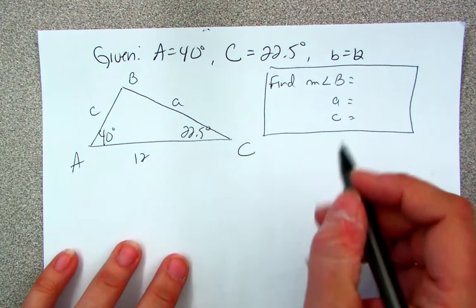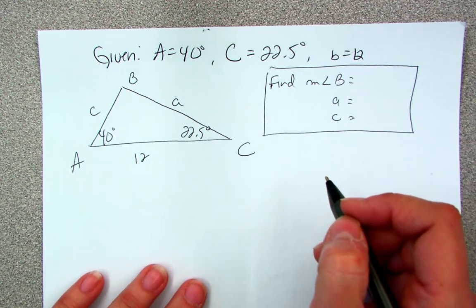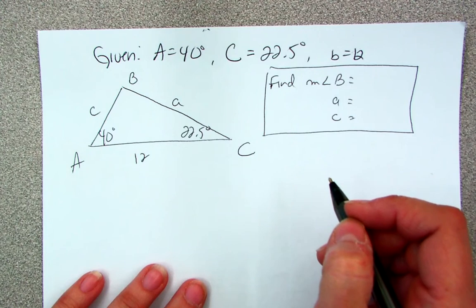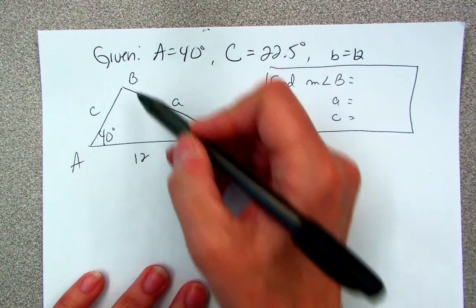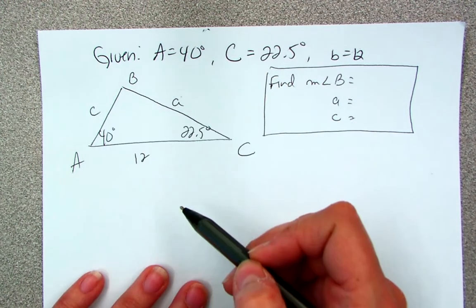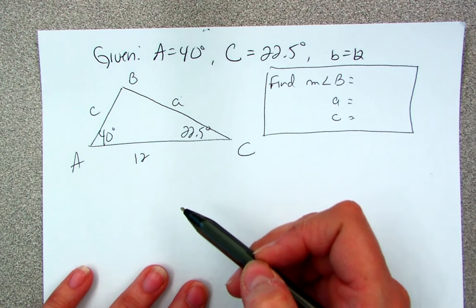Do I have to find that first, or could I find A or C first? You have to find it first because right now there is not one complete ratio. If I use law of sines, there would be two unknowns.